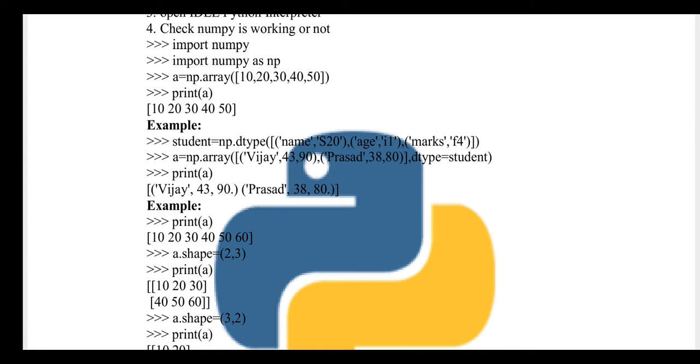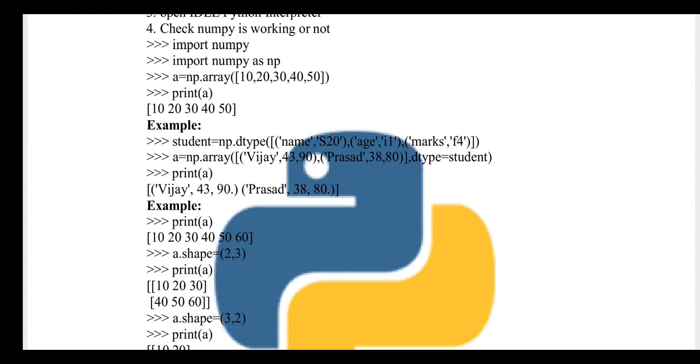Now we specify the values: Vijay 43, 90, Prasad 38, 80, and we specify dtype equals student. For name it assigns the value Vijay, for age it assigns 43, and for marks it assigns 90. Accordingly the second one is Prasad, 38 and 80. When you print a, it directly prints the values of that particular array.